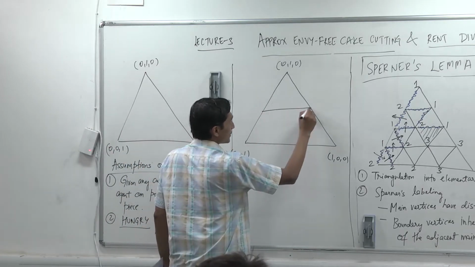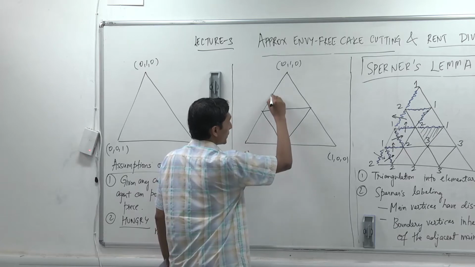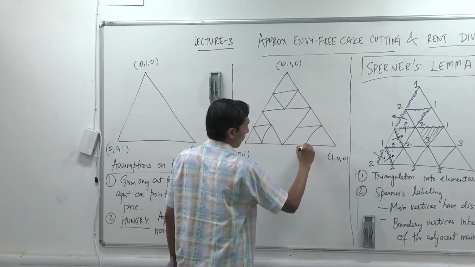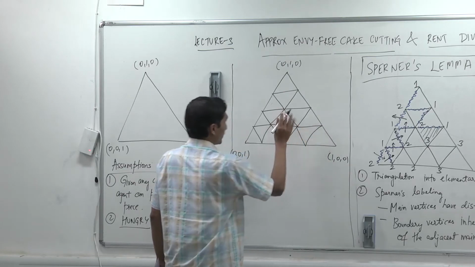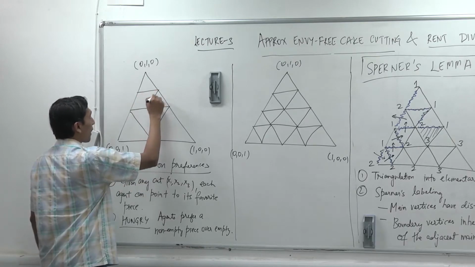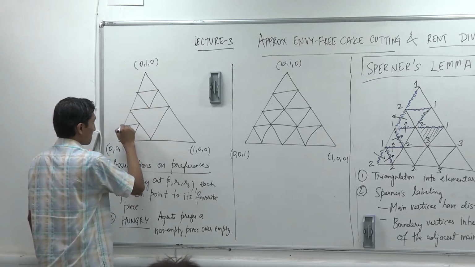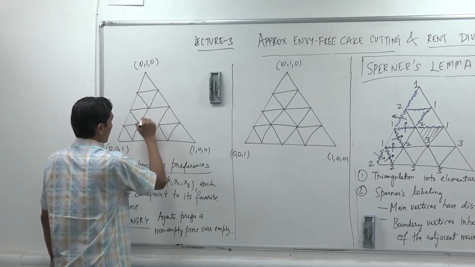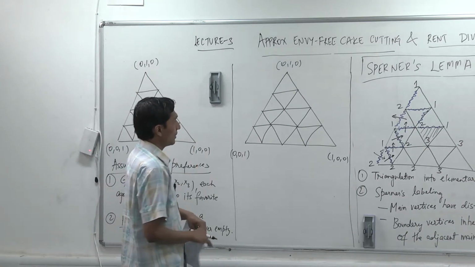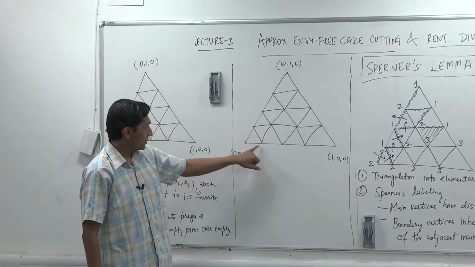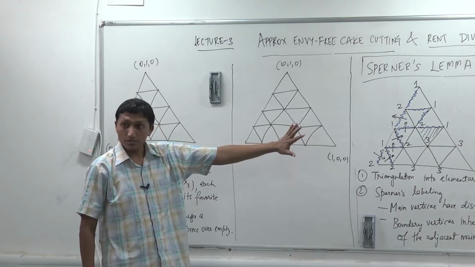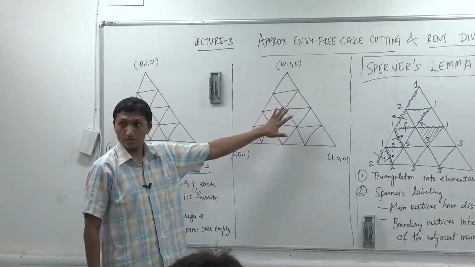I'm going to triangulate this space, just like we did in Sperner's. And the same triangulation is also done here. Now for each vertex of this triangulation, instead of assigning labels, I'm going to assign owners.